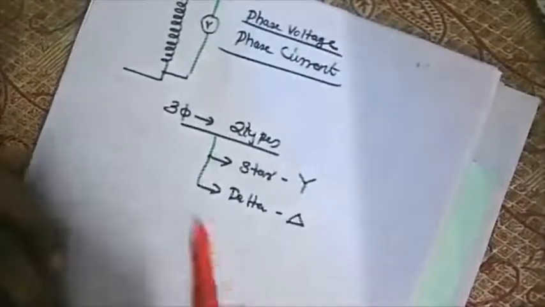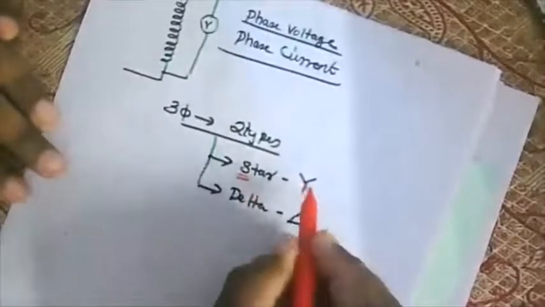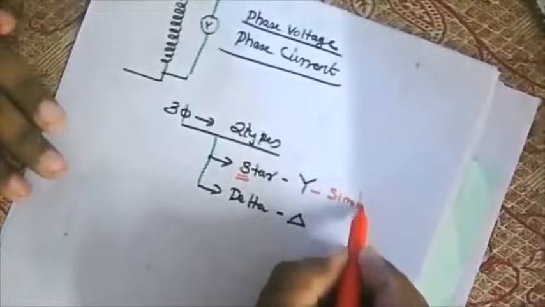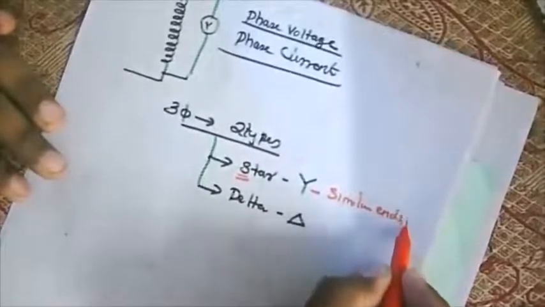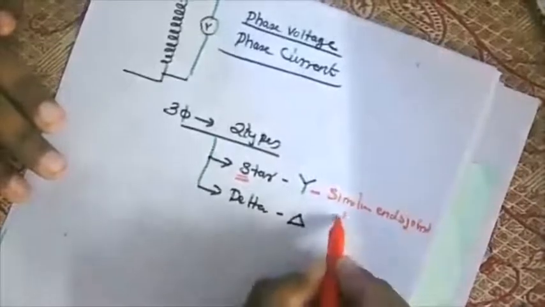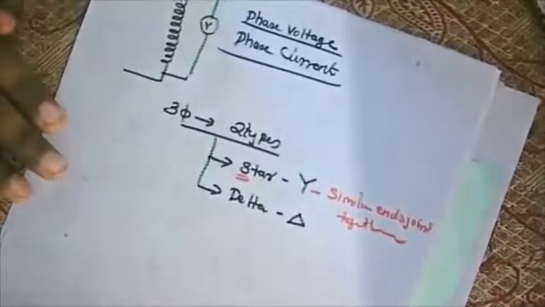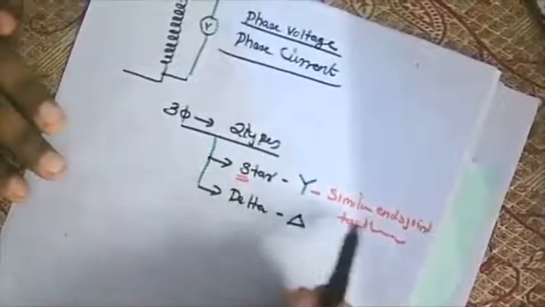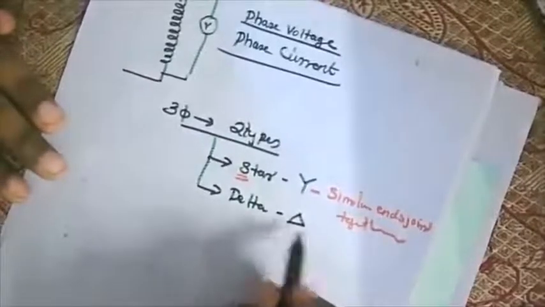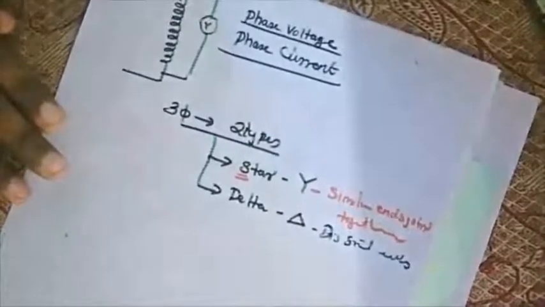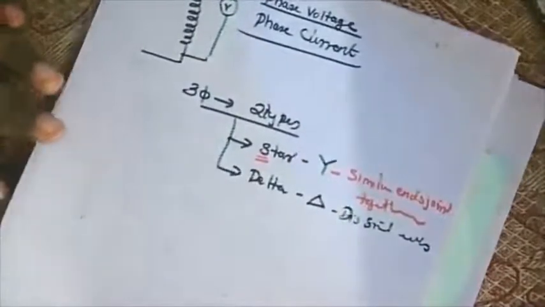For the star connection, similar ends of the coil will be connected together. In delta, of course, dissimilar ends will be connected. So we will see in detail how the star and delta connections are going to happen.